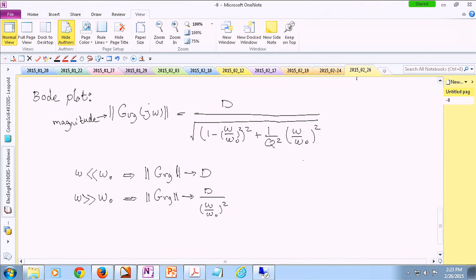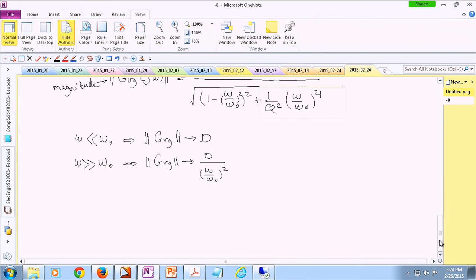Okay, so now let's plot this thing. We plot it in dBs, which is 20 logarithm of the original thing.